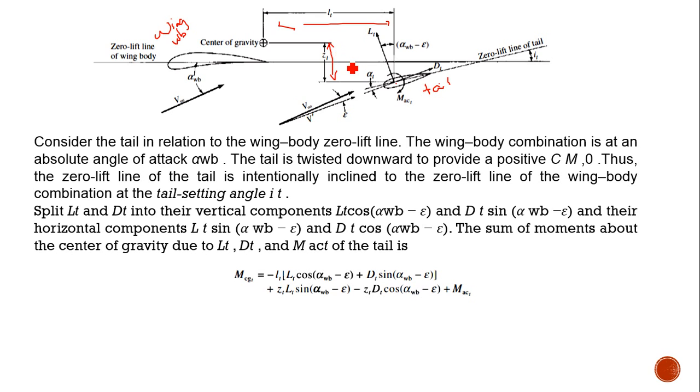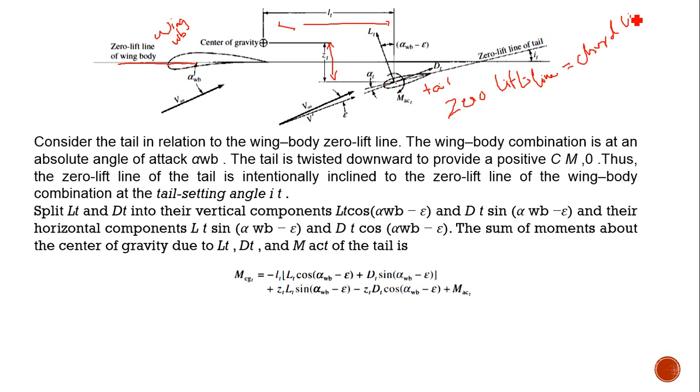So the vertical height is ZT, and the horizontal distance is LT. This is the zero lift line. Here we can see the zero lift line for the tail is different. This is the zero lift line for the wing body combination, and as I told, for a symmetrical airfoil, the zero lift line is equal to the chord line.